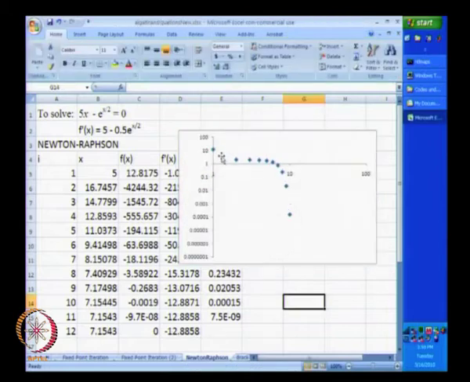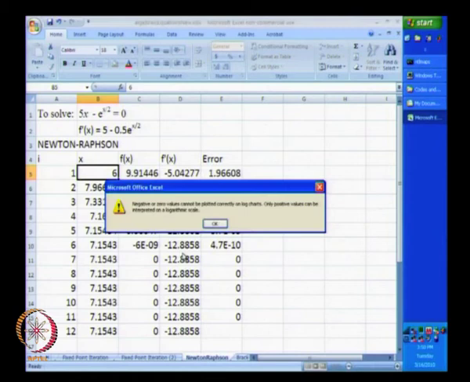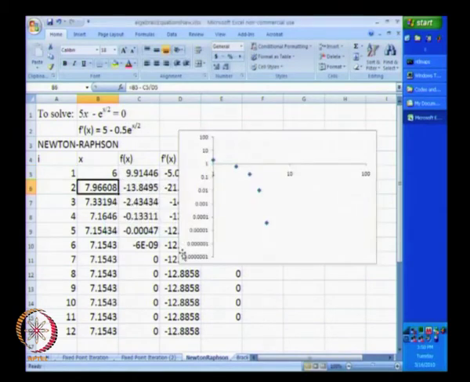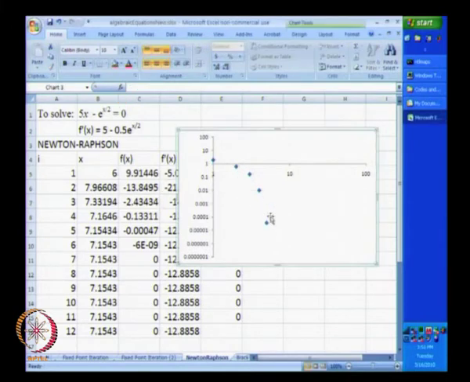When we do a log plot, this is what we get when we start with x equal to 6: a straight line that would have an approximate slope of -2 in this particular case.